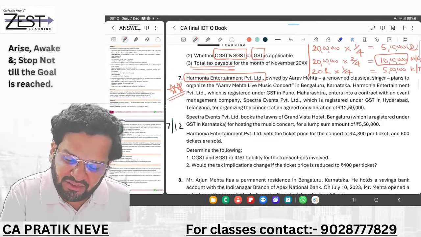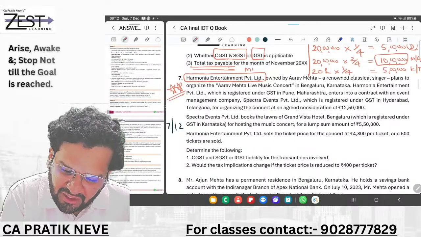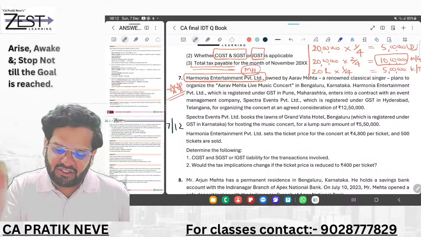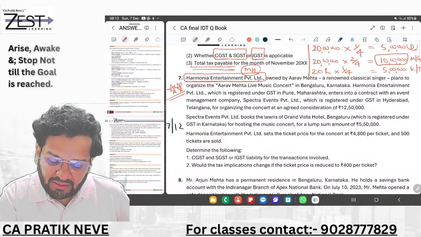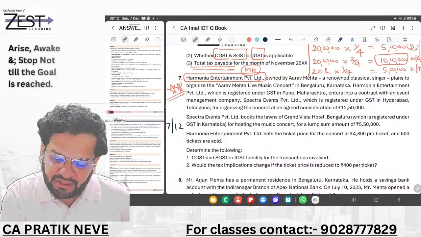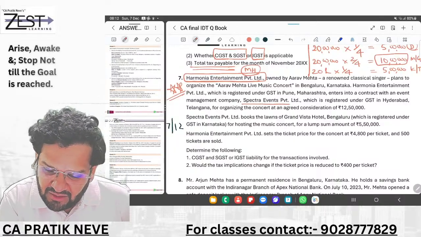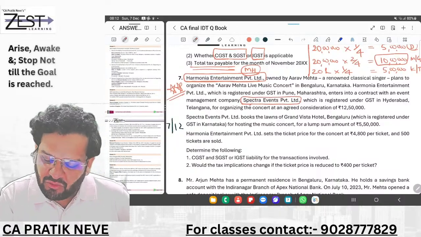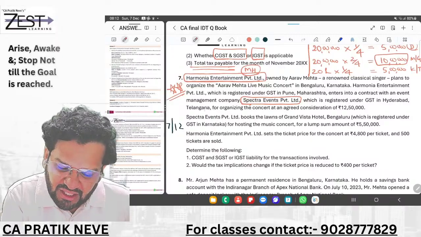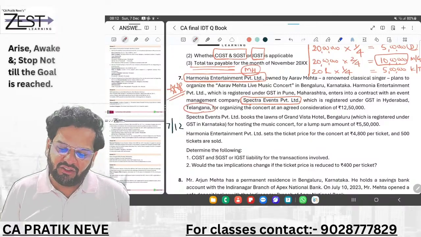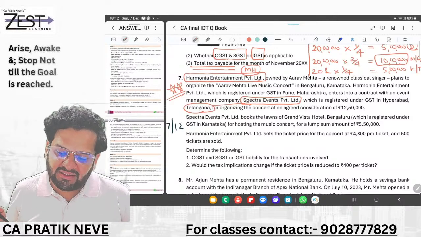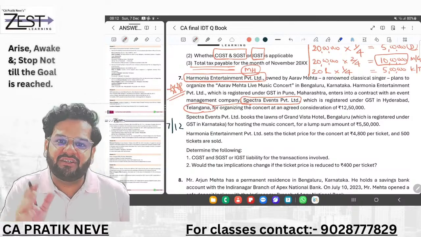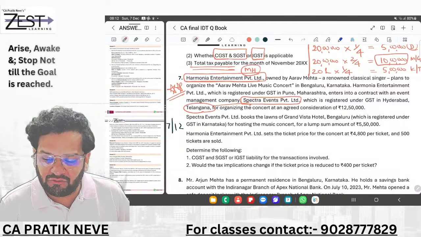So I understood that Harmonia is in Maharashtra. It enters into a contract with event management company Spectra Events Private Limited, which is registered under GST in Telangana. So Spectra is in Telangana, for organizing the concert at an agreed consideration of 12 lakh 50,000.